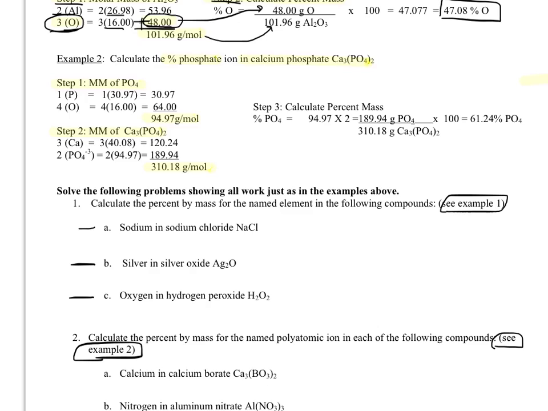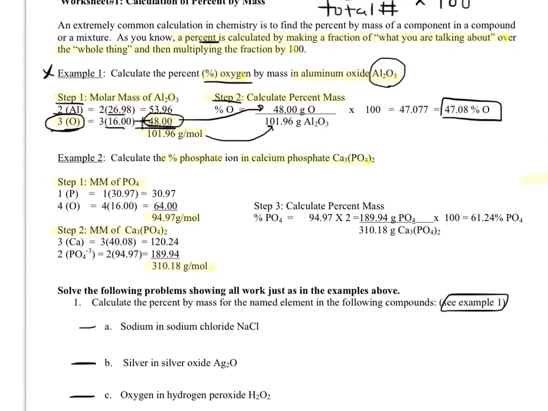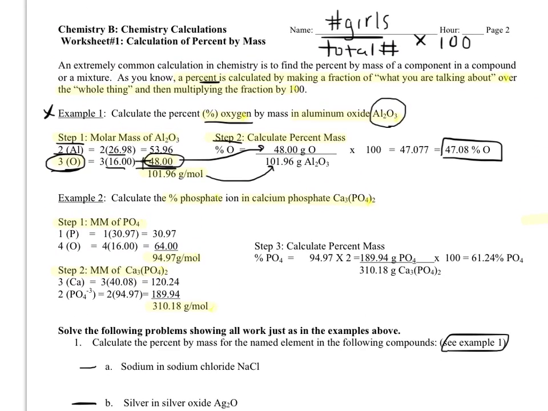This is a slightly more complicated version of the same problem. The way you make almost anything more complicated in chemistry is by considering a polyatomic ion. Those clusters of atoms that stick together and act like they're one thing.